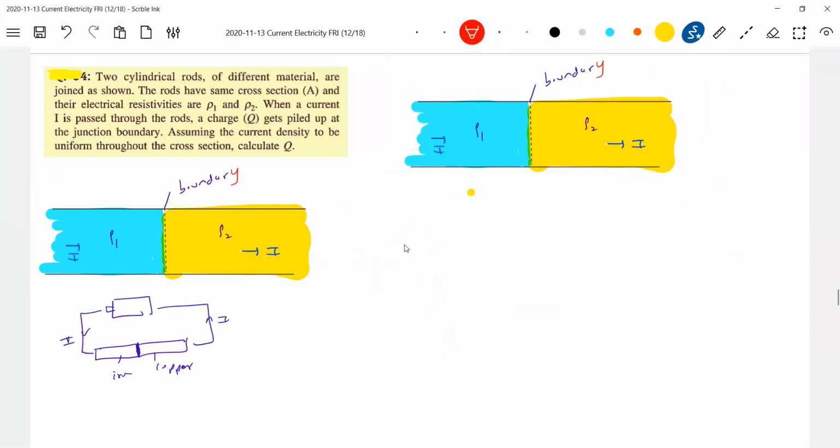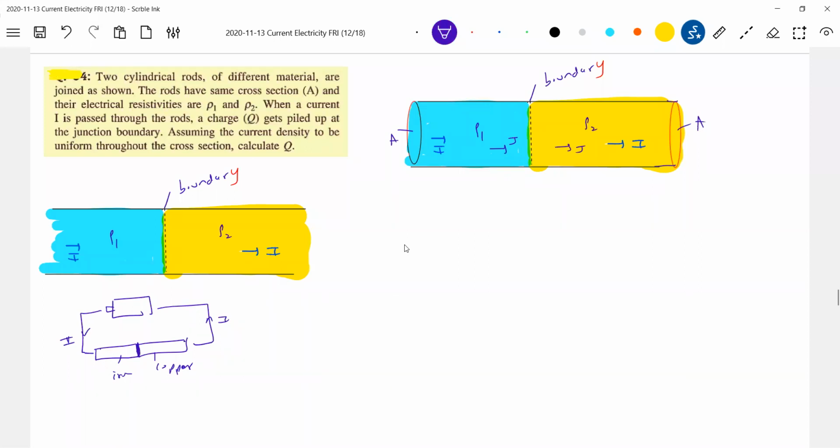So what do you expect if the area of cross section is same? Take it like this, I think this will be a better idea for you. And look at the area of cross section of the wires. This is A, this is A. So what do you expect of the current density? It has to be the same.